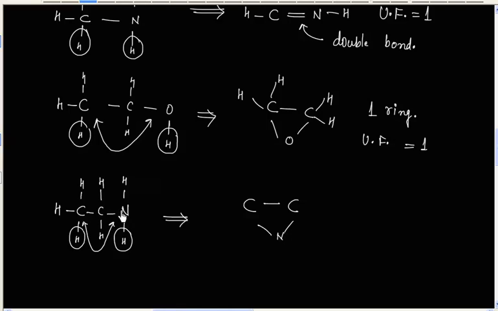So here we have a nitrogen with one hydrogen, this carbon contains two hydrogen, and this carbon also has two hydrogen. So in this case again we have one ring. So unsaturation factor is 1.